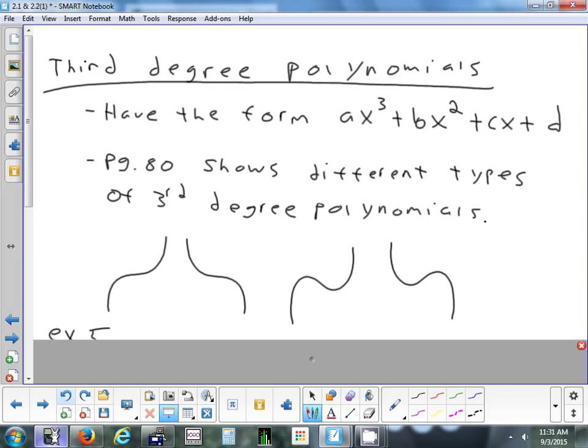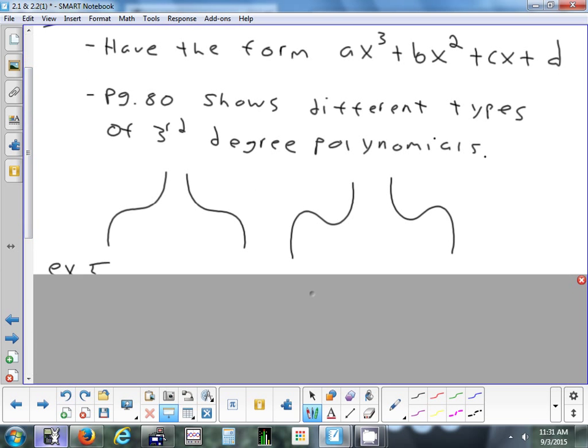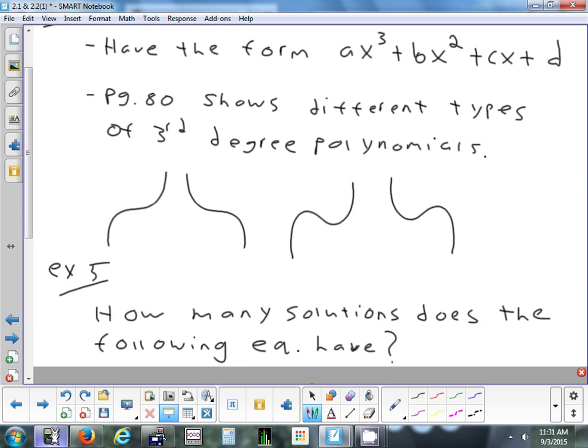The one on the left is mostly increasing, but actually goes down for a little bit, but then it goes right back up. And the one on the right is decreasing most of the time, except in this very small area. It does start to go back up, but then it just keeps going down again. So those are the different types of third-degree polynomials.